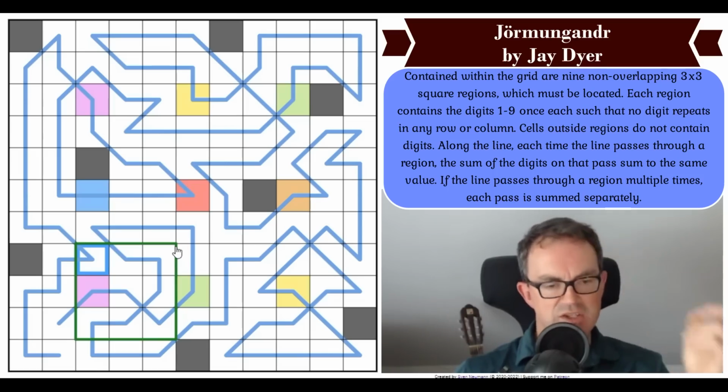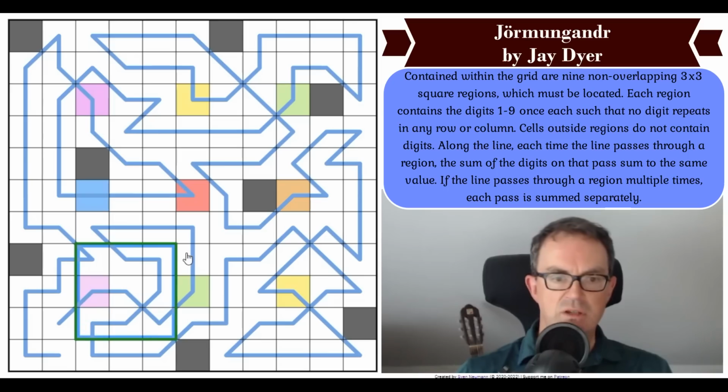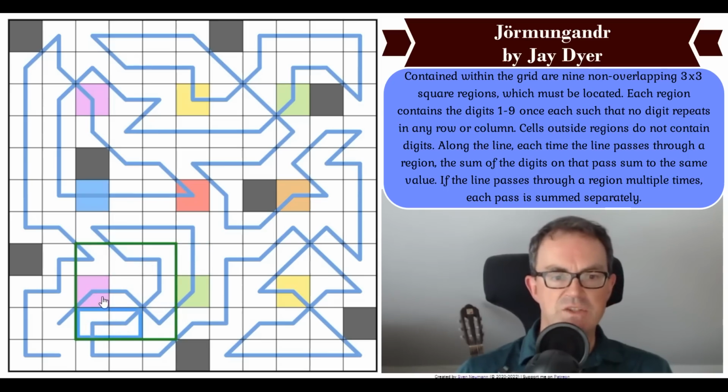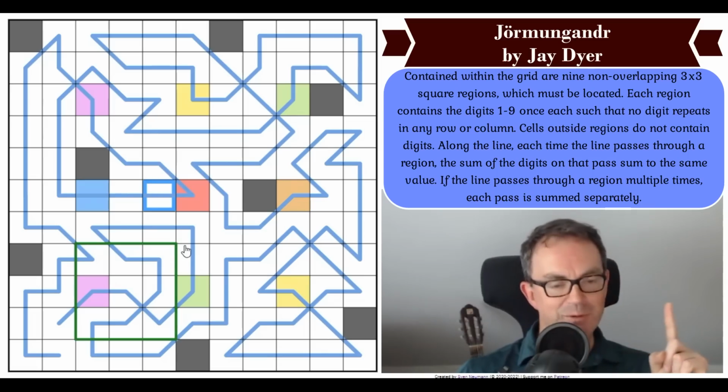The problem with this would be that the line enters this box exactly 3 times, which would suggest that 45 divided by 3, which is 15, is the total being picked up by the line every time it enters the box. And that's impossible because I can't write 15 in that cell. So this is a sensible thought, but what we're proving is this is not a 3x3 box in this puzzle.